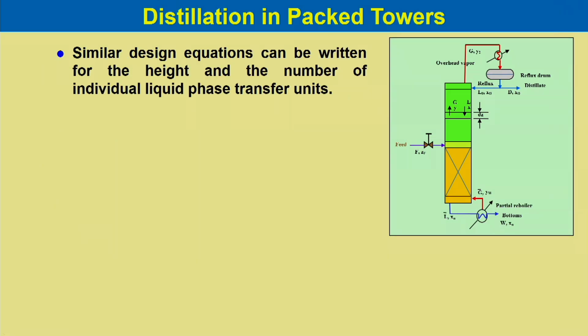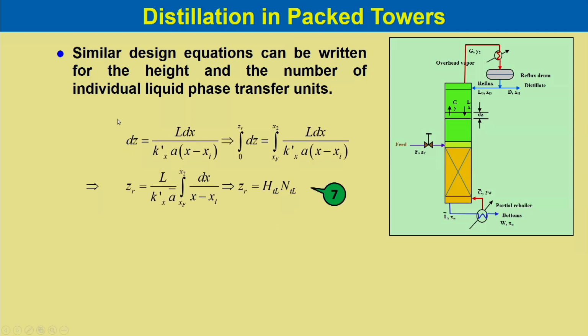Similar design equations can be written for the height and the number of individual liquid phase transfer units. So, for the liquid phase we can write dz would be equal to L dx divided by Kx dash A into x minus xi, and then if we integrate 0 to Zr, dz would be equal to the integral xf to x2 of L dx divided by Kx dash A into x minus xi.